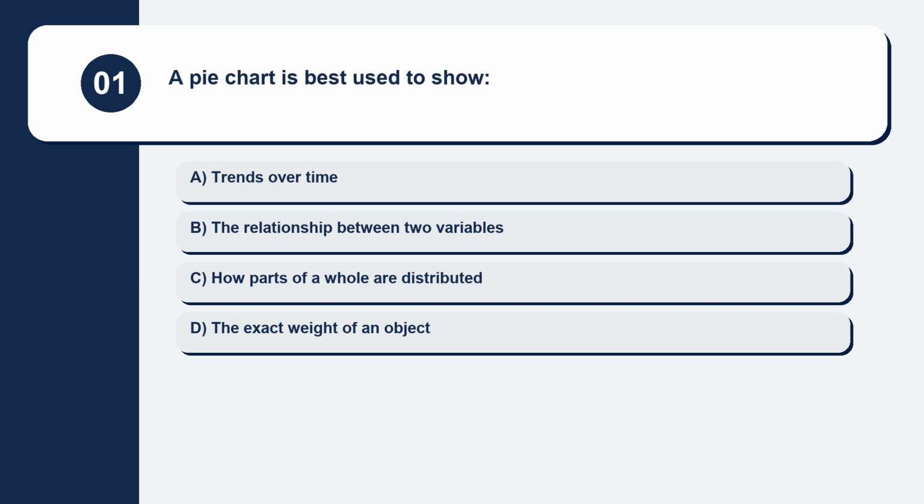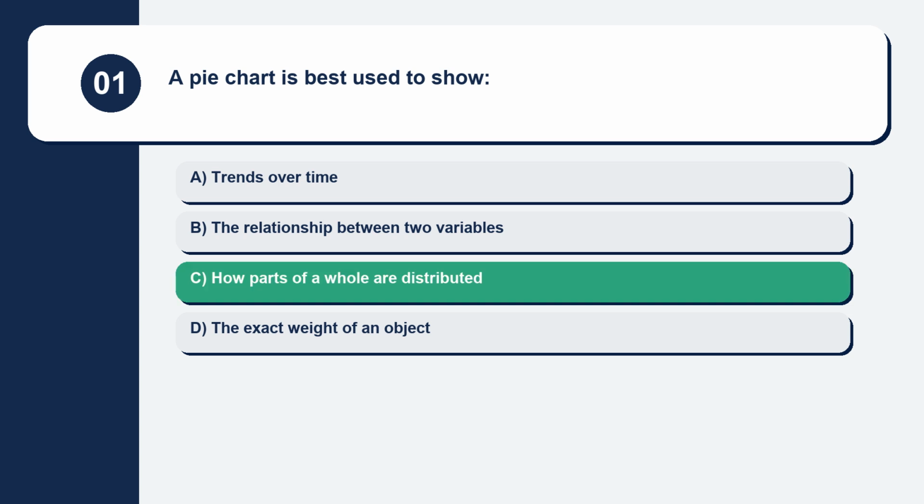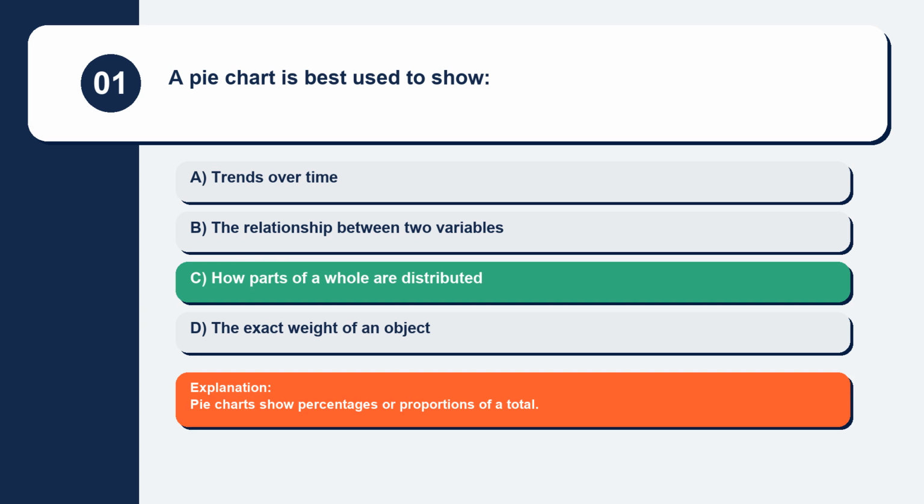Question 1. A pie chart is best used to show trends over time, the relationship between two variables, how parts of a whole are distributed, the exact weight of an object. Pie charts show percentages or proportions of a total.